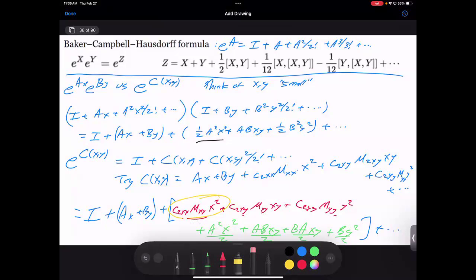So either C2xx is 0 or the matrix is 0, right? We don't know that C2xx is 0. Because it could be that maybe I need it to be non-zero for something that's going to come in later. But if the matrix is 0, that's really the same as the coefficient is 0.